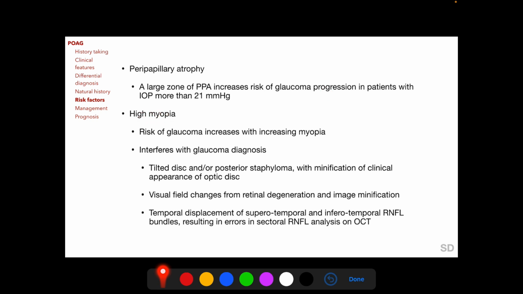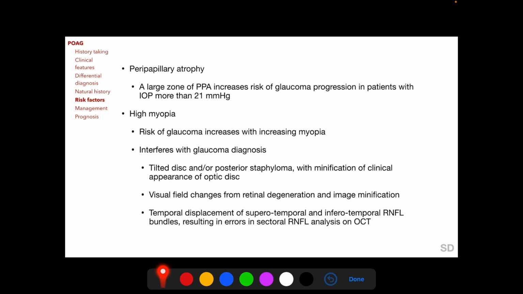High myopia is a risk factor for glaucoma, and risk of primary open-angle glaucoma increases with increasing myopia. Myopia can also interfere with glaucoma diagnosis because of the occurrence of tilted discs and/or posterior staphyloma with minification of the clinical appearance of the optic disc, making it difficult to detect the glaucomatous changes of the optic nerve head.